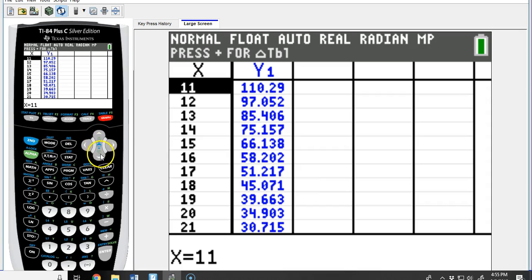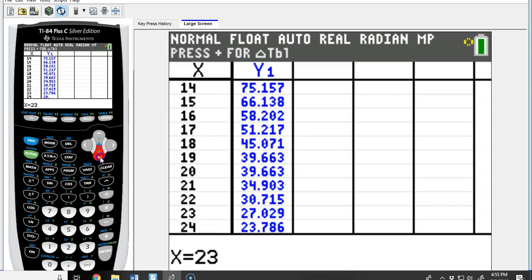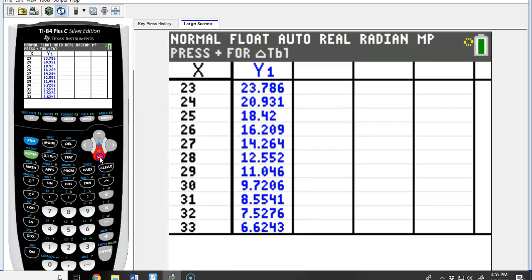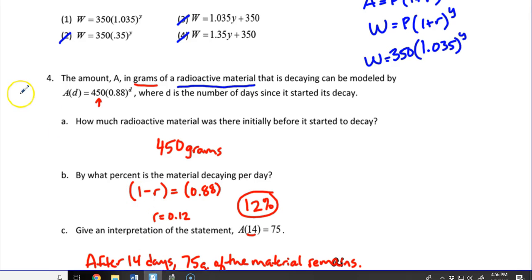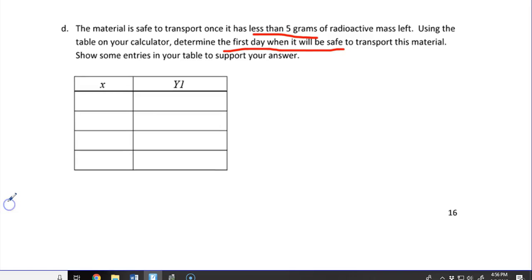All right, we need to get down under 5. And it looks like it's not until the 36th day when that will happen. So we're going to be able to transfer that information to our paper table to support our answer.